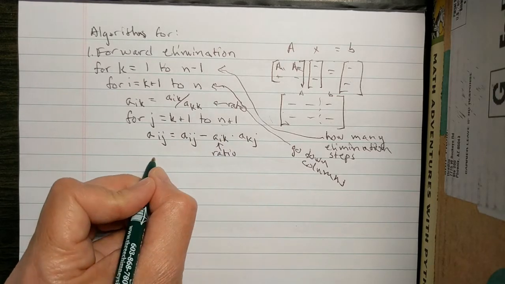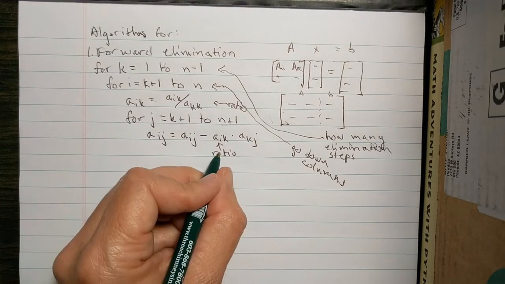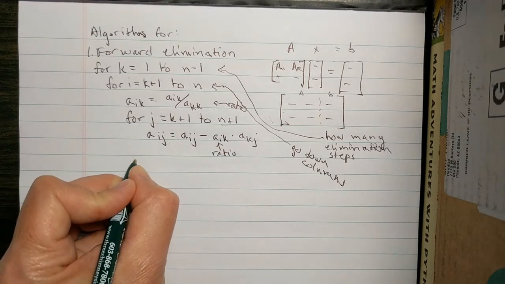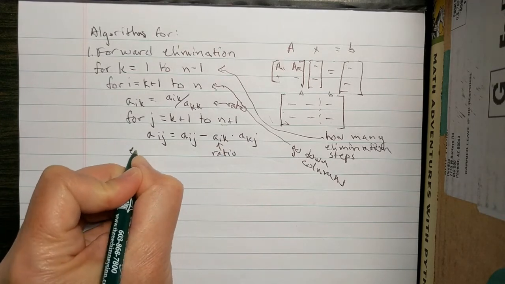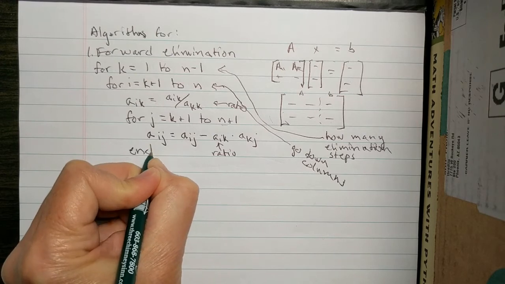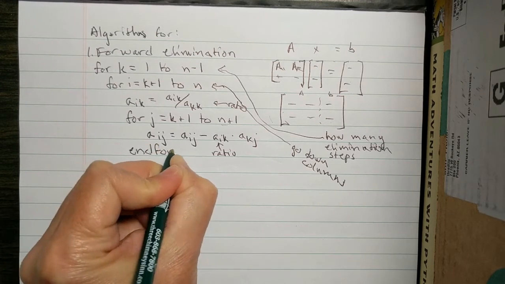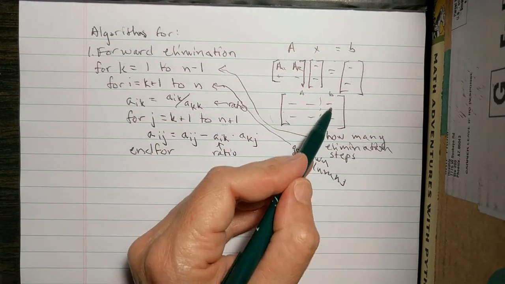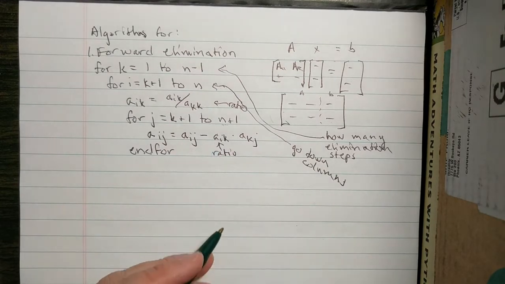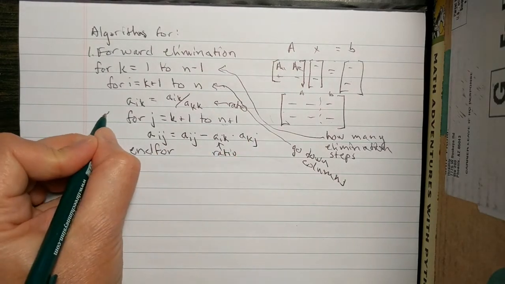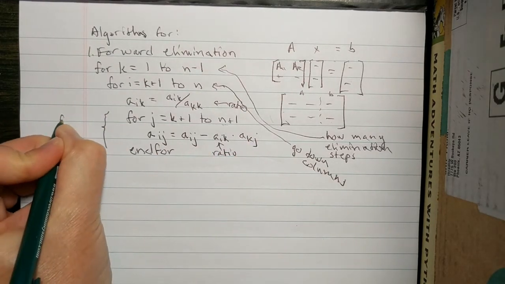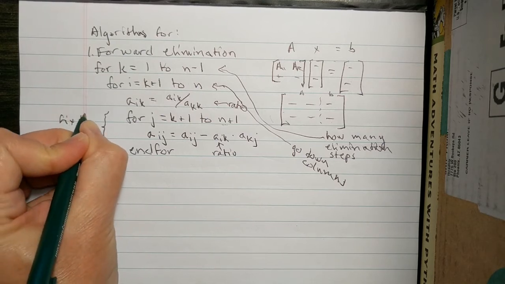Okay, and so we're going to end for, and remember that took care of our B also. So this loop is just fix the rest of the row.